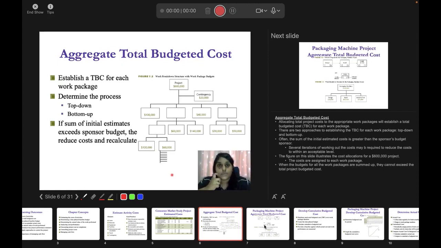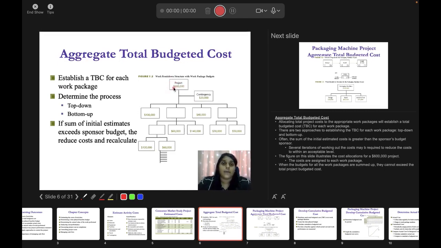So this means when you are doing a project, if the project sponsor says that he could give you only 400,000, then you sum it up a little bit and you make it 600,000. For sure you cannot go from 400 to 600.